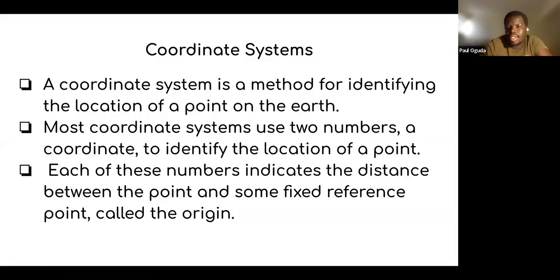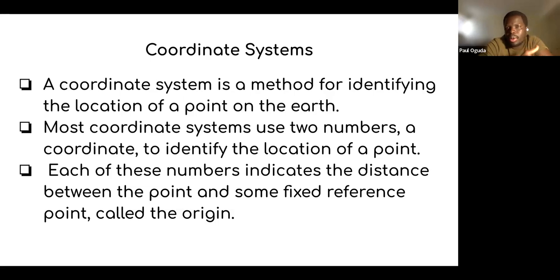A coordinate system is just a method of identifying the location of a point. This can be on Earth or even on any other planet. If you look at organizations such as NASA, they've actually mapped other planets. So we know the location of a given site on Mars.